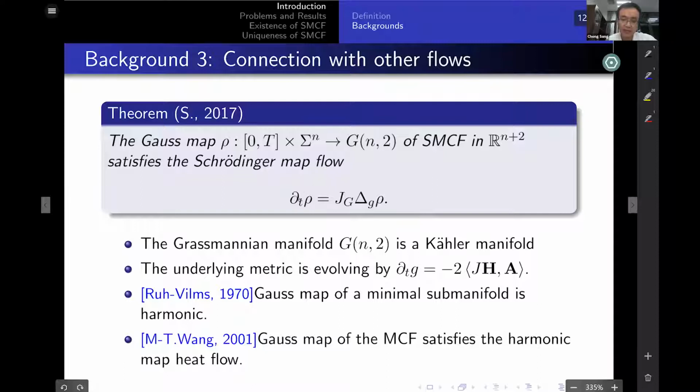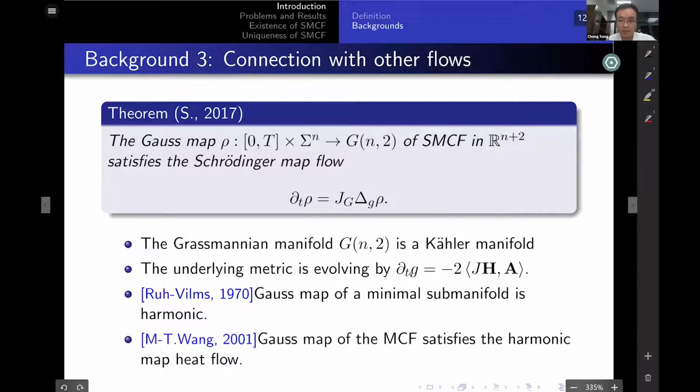But here there's a difference from the classic Schrodinger map flow, because here this underlying G is the induced metric, given by the immersion of the submanifold. So as the submanifold evolves, this underlying metric also evolves along time.